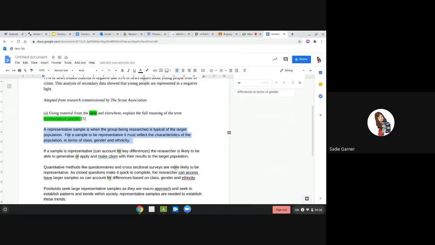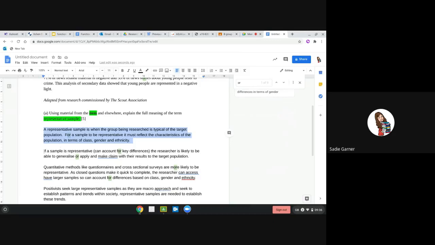So, for example, particularly women of color often say, well, I'm representing what it's like to be a woman of color within society. Because you may be a man of color, but you don't experience sexism in the same way that a woman does. So when we represent, we have to include groups who experience huge differences based on their class or their gender or their ethnicity, or all three.